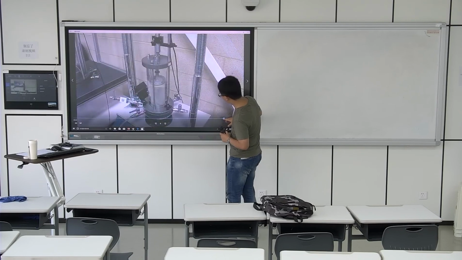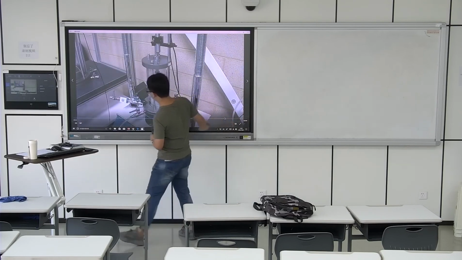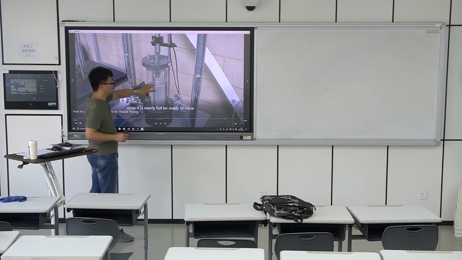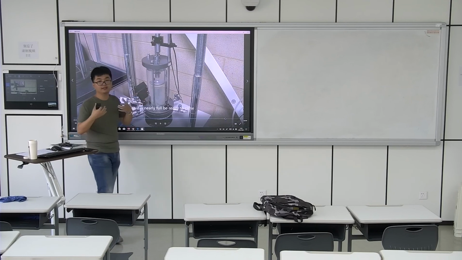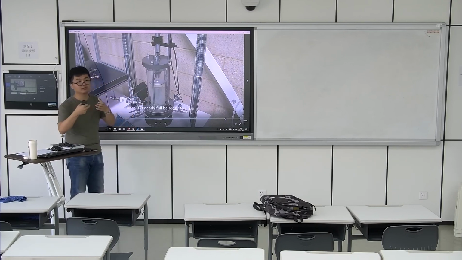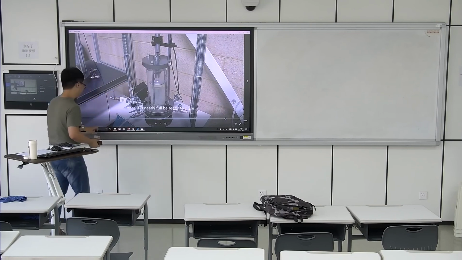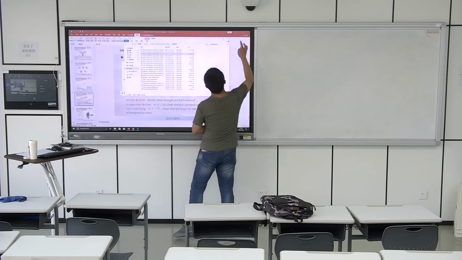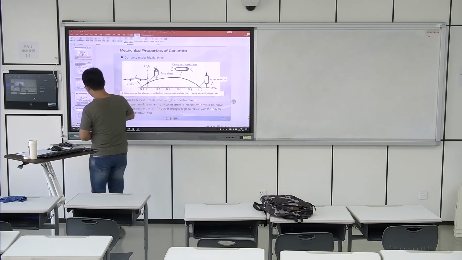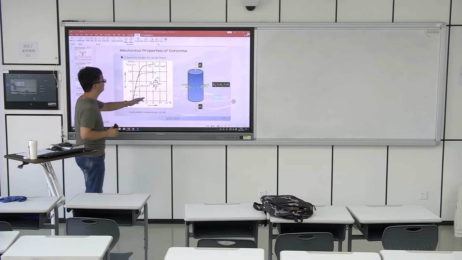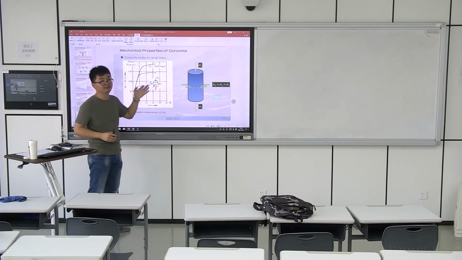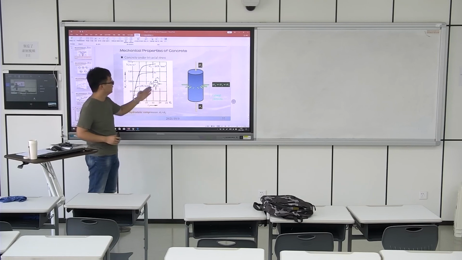Okay, here. Once the samples are in the water, the surrounding water will give the samples pressure, right? And this is the machine that we can do the test with. And now is also the stress strain curve collected from this experiment.